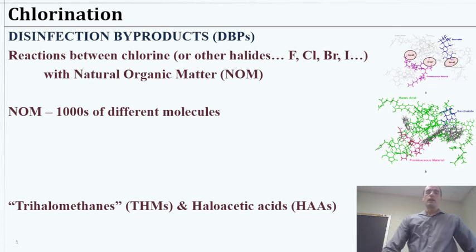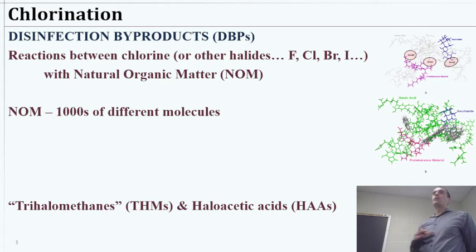And if we do a lot of that, then we get things like trihalomethanes and haloacetic acids and other groups where we have some organic molecule that has now been halogenated and is now a concern for toxicity and for carcinogenicity. Didn't quite say that right, but you get the picture.